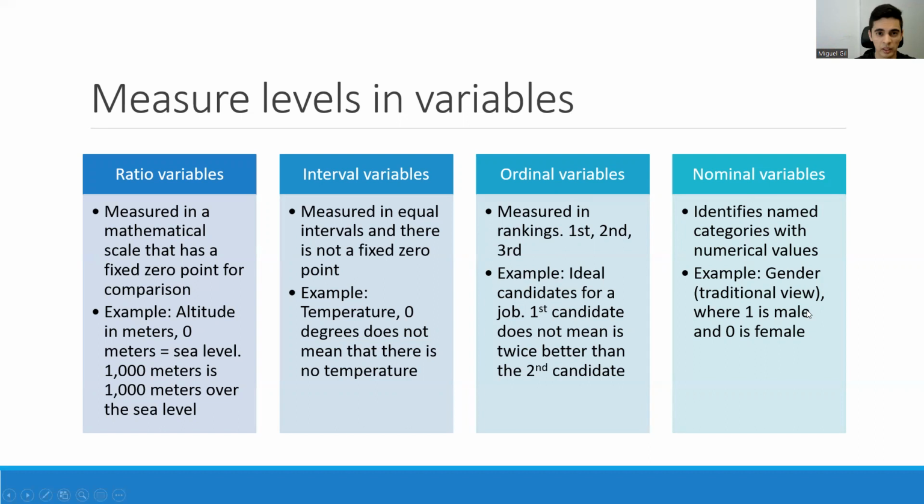And an example is gender, especially in the traditional view, where we sometimes assume that 1 is male, 0 is female, or sometimes 2 is female. It doesn't matter that female is twice as good as men. No, it's not like that. It's just that you want to differentiate between 1 and 2.